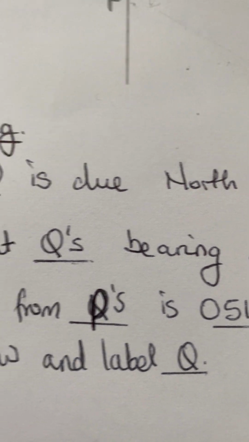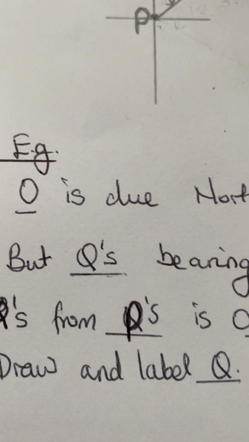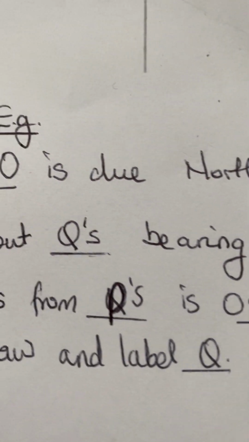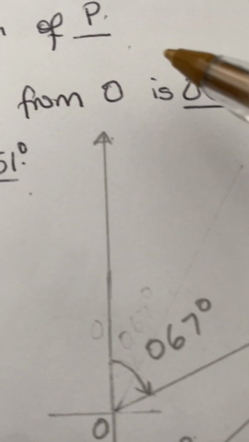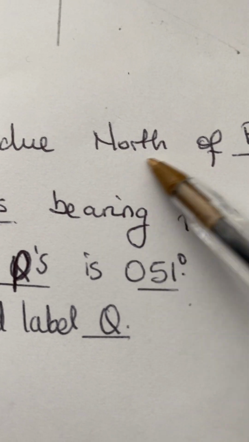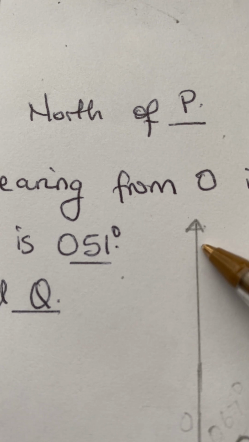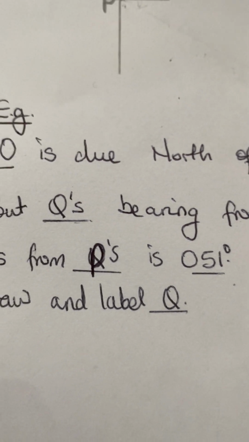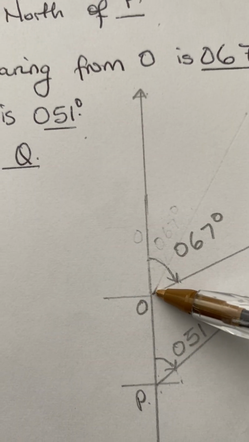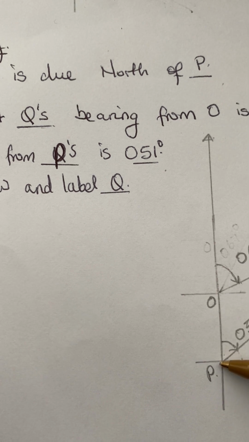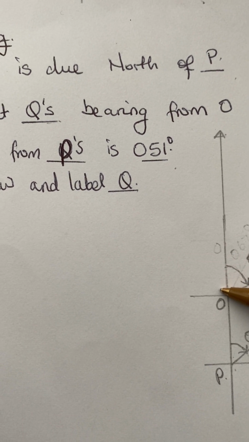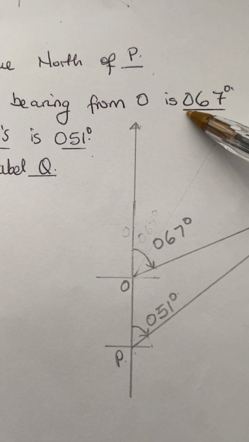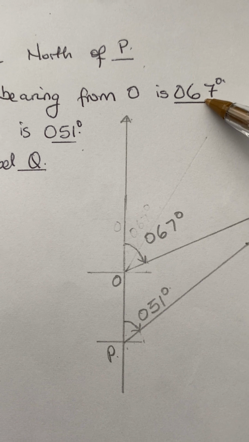Now let's look at another example. O is due north of P. Again, I'm using the same letters so that we don't get muddied up and confused. So O again is north of P, so that is P, that is O. But Q's bearing from O is 067.